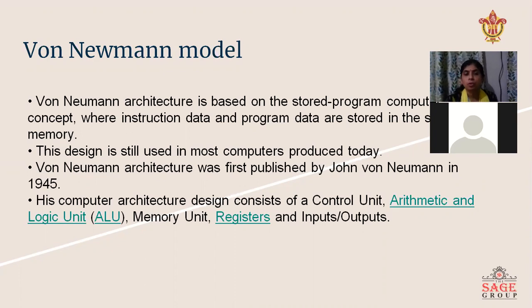The von Neumann architecture is basically a stored program computer concept, where data and program both are stored in the same memory. This design is still used in most computers produced today. As I have told you, the name is given after the inventor John von Neumann, in 1945.